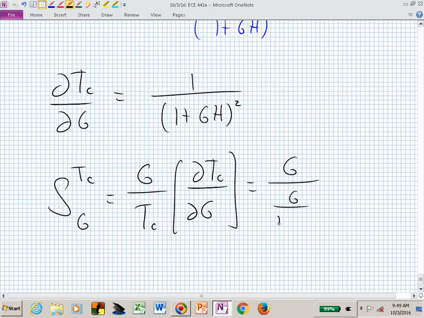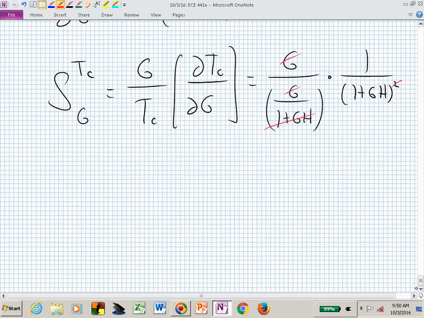That's G over 1 plus GH times 1 over 1 plus GH squared. So this eliminates one of those. The G's cancel. And what's the sensitivity then of our closed loop transfer function with respect to G? 1 over 1 plus GH.